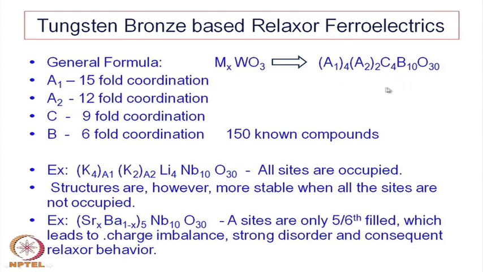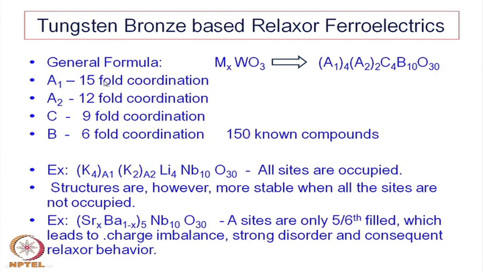So, there are A1, A2, C and B. These are 4 different cations involved, and the molecular formula is also complex, but one can have a large number of compounds in this.